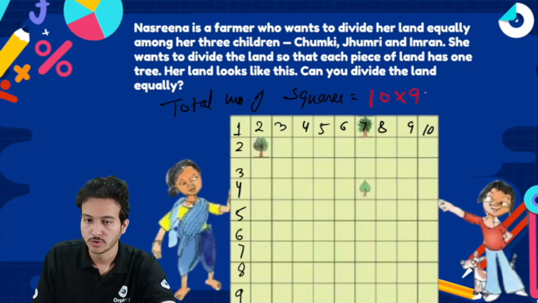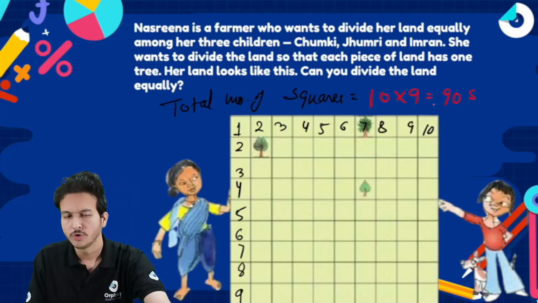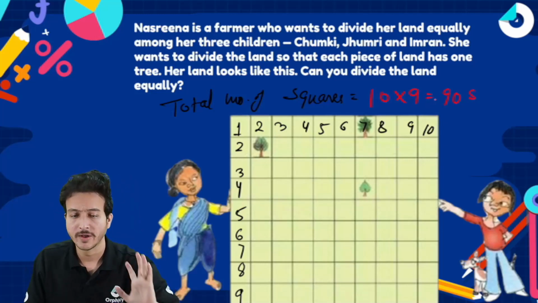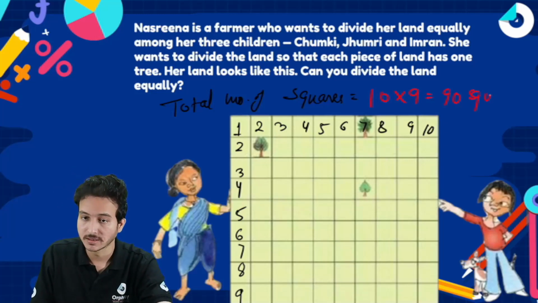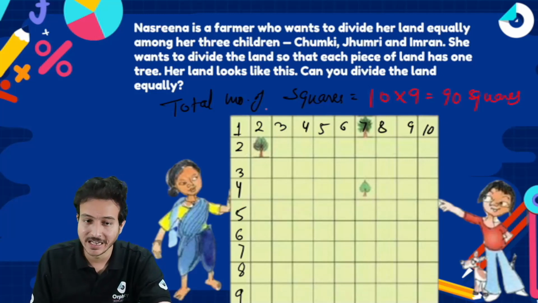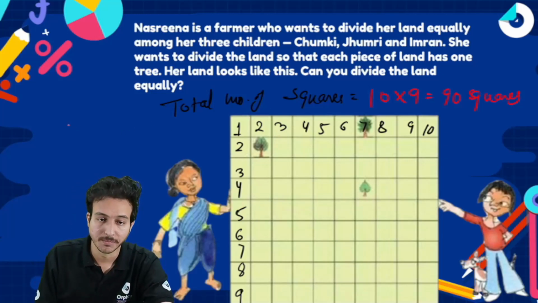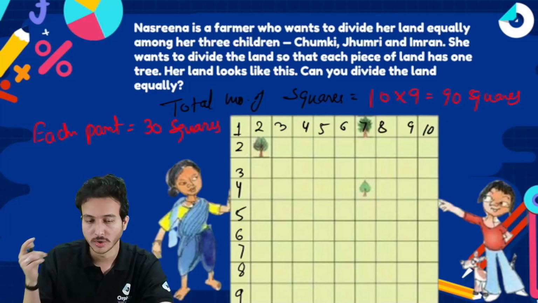Now you have 90 squares. You need to divide these 90 squares into 3 equal parts. That means each part will be made up of 30 squares, just divide by 3 because you need to divide equally.